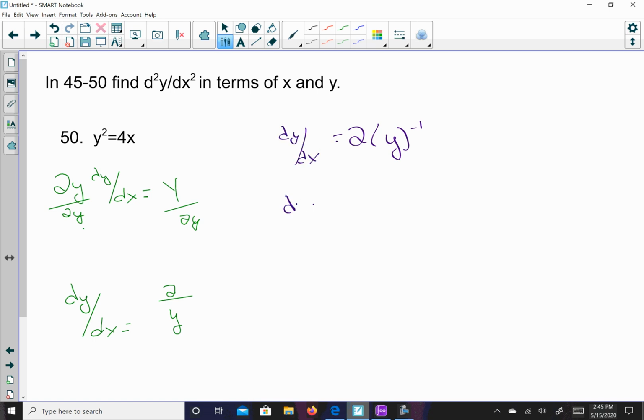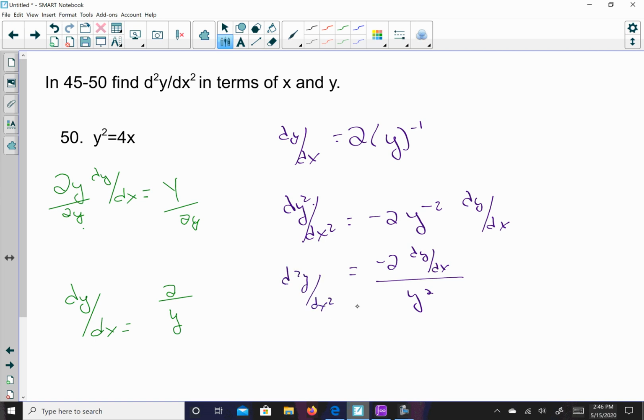Then when I take the second derivative, that'll be negative 2 and then y to the negative 2, and then the derivative of y is dy/dx. So this will be negative 2 dy/dx over y squared. Only the items with a negative exponent go down. So this is d squared y over dx squared.